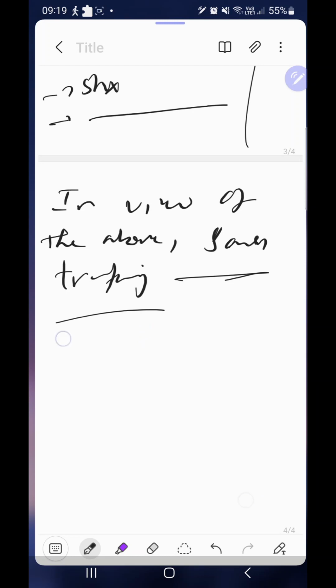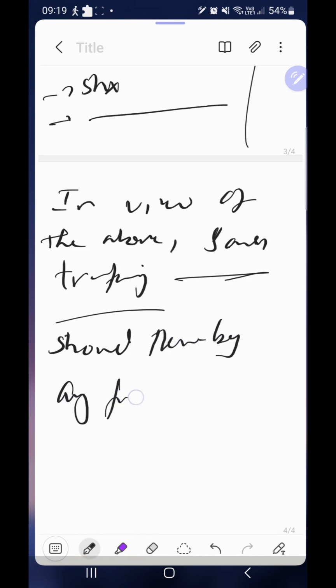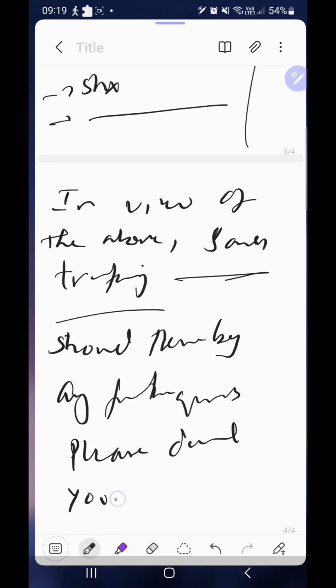Then you can write down, should there be any further queries, please do not hesitate to contact me. And then you can write down yours sincerely and your name only.